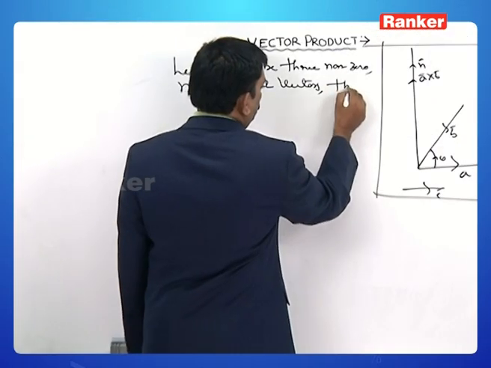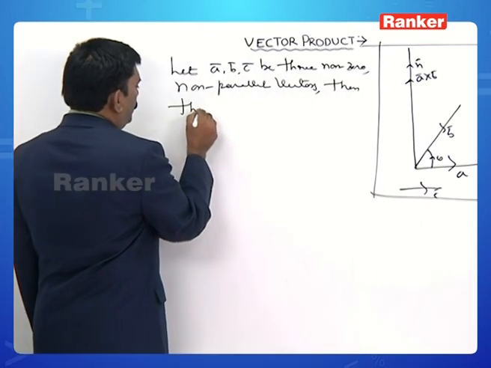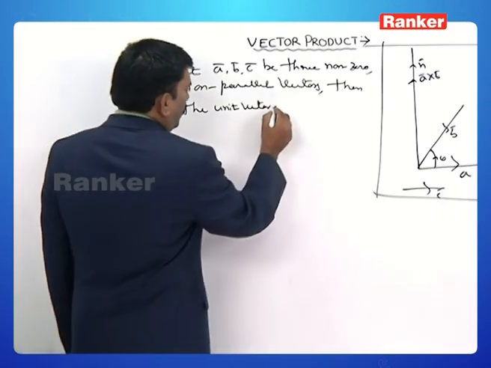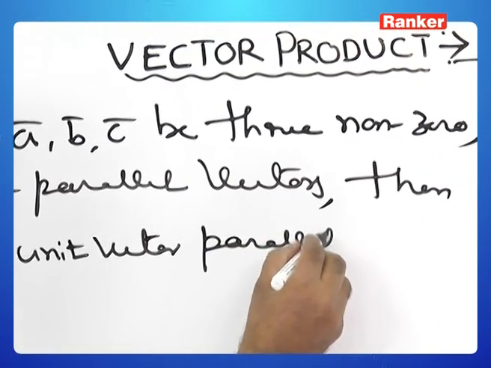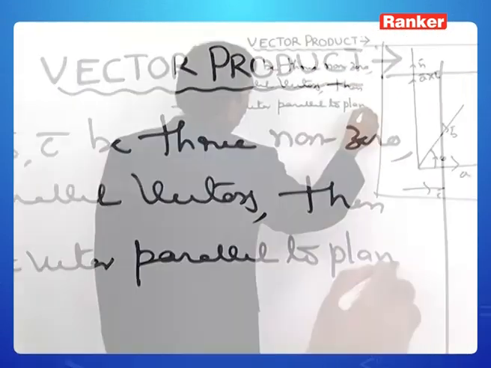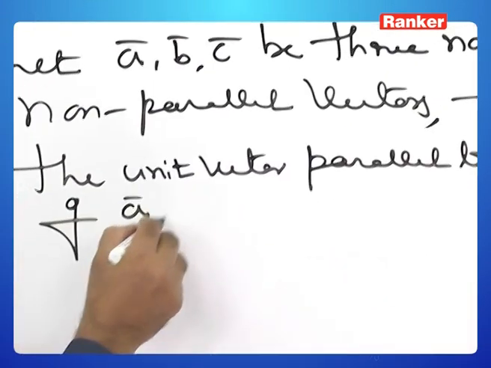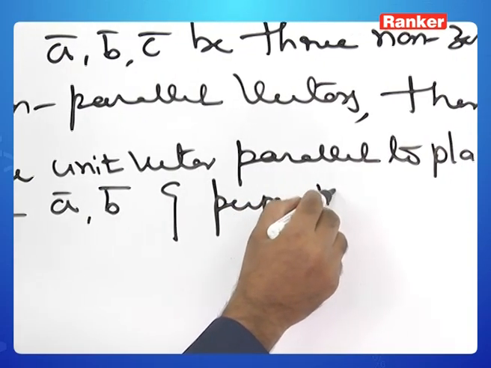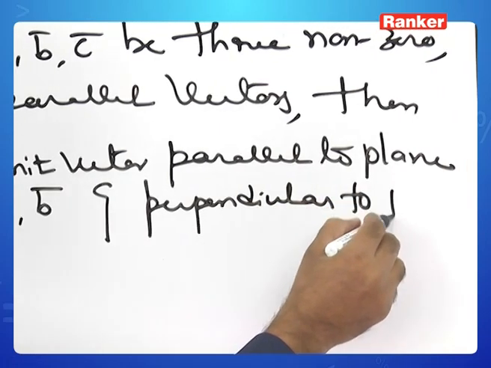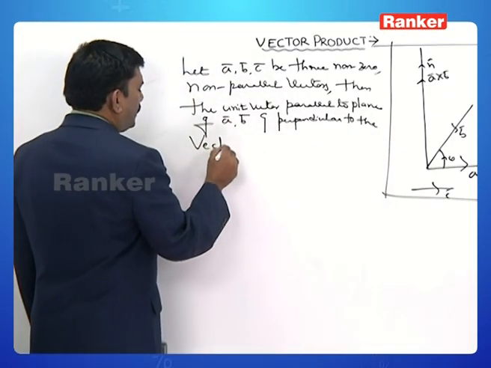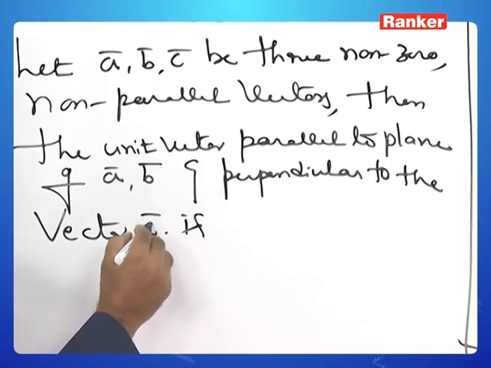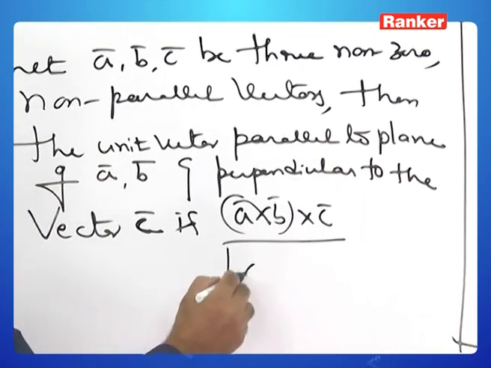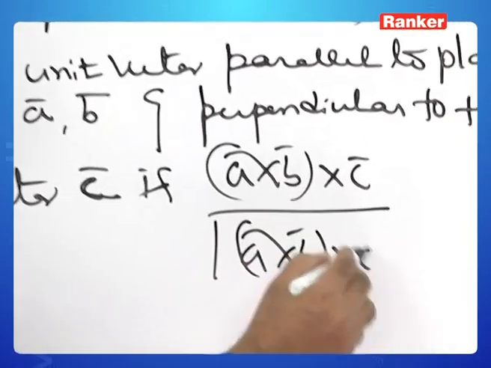Then the unit vector parallel to the plane of A bar, B bar and perpendicular to the vector C bar is A bar cross B bar cross C bar by modulus of A bar cross B bar cross C bar.